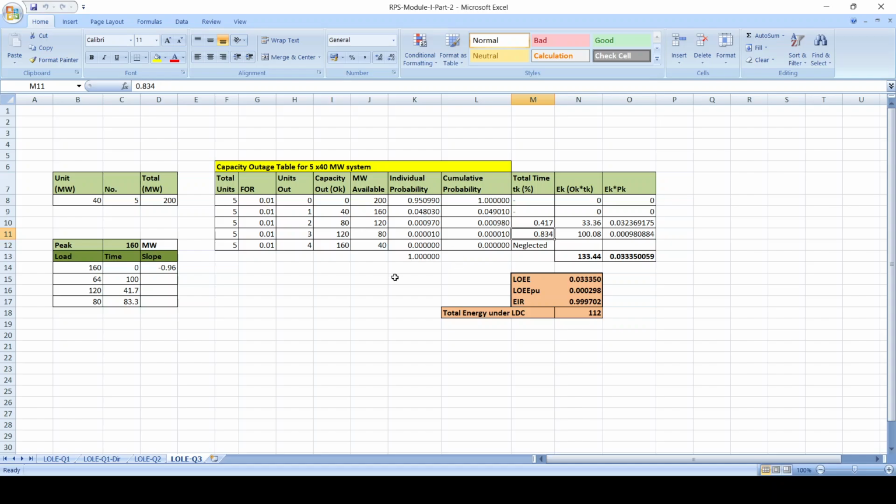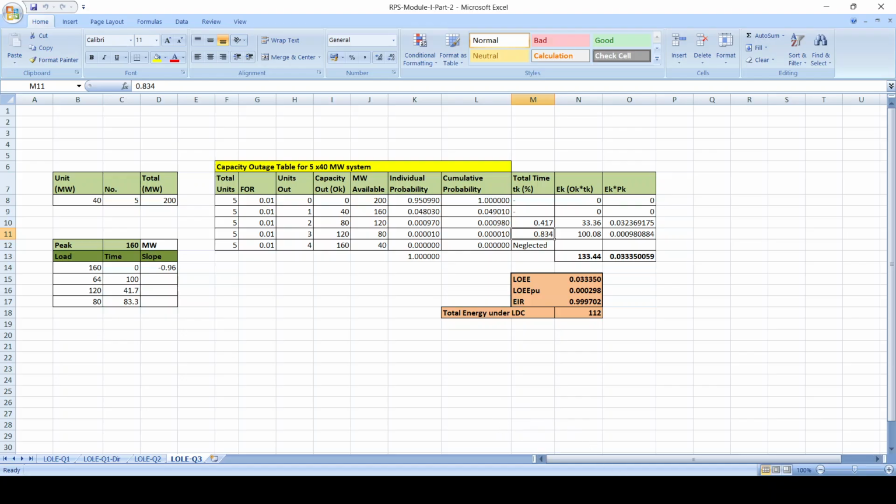Therefore, in respective cases, if the load is 120 megawatt or more, there will be loss of load. In this case, if the outage is 120 megawatt or more, or the available capacity is less than 80 megawatt, then there will be loss of load. Okay, so this is how the LOEE is calculated.